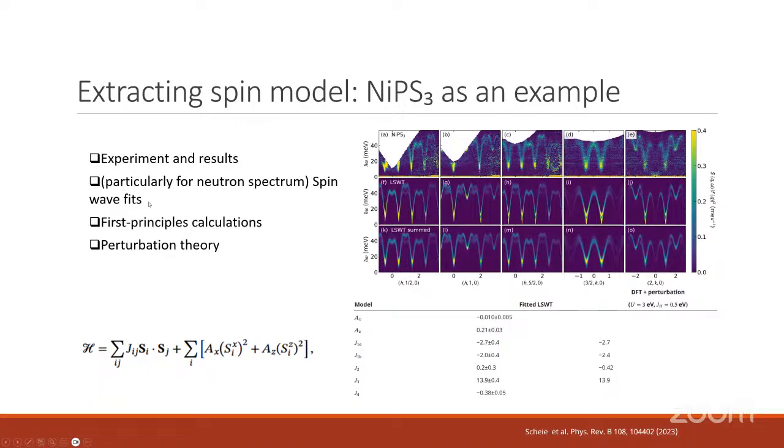However, when you do this, you have to have an idea in your mind which spin model you want to use. For example, for MPX₃, because the system has a hexagonal structure, people could make a spin 1 model on a honeycomb lattice, and the nearest neighbor, next nearest neighbor, and third nearest neighbor electrons could have an exchange, so that spin interactions might happen between the first, second, and third nearest neighbors.